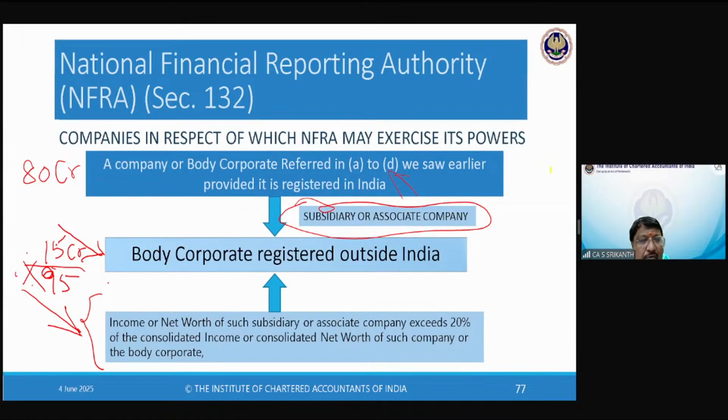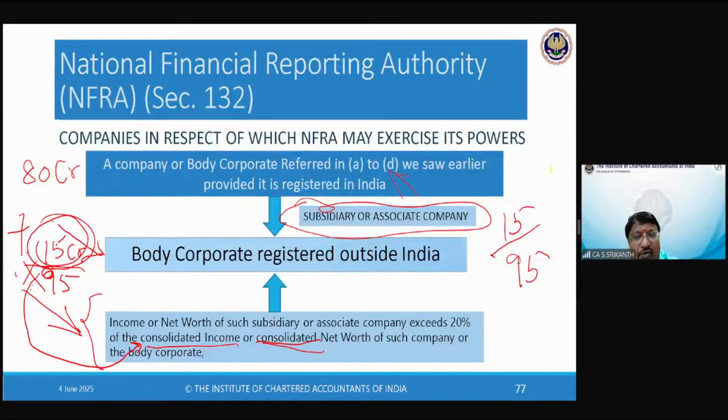How do I get 95? 80 plus 15, total consolidated income. So the consolidated income is 95. Out of that, the subsidiary income is 15. So as a percentage of 95, it is 15.78, you can say. It should be less than 20.